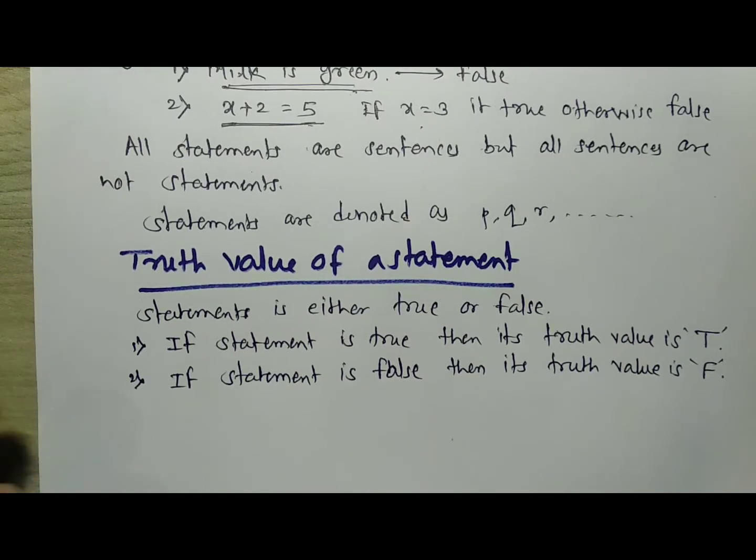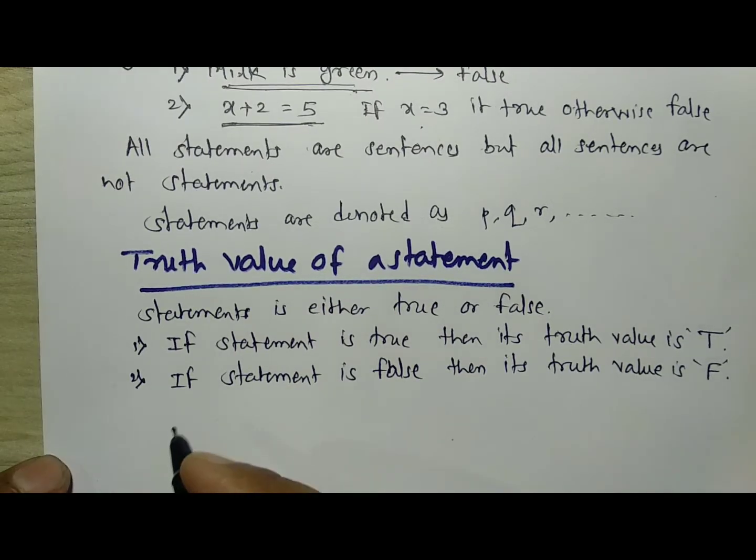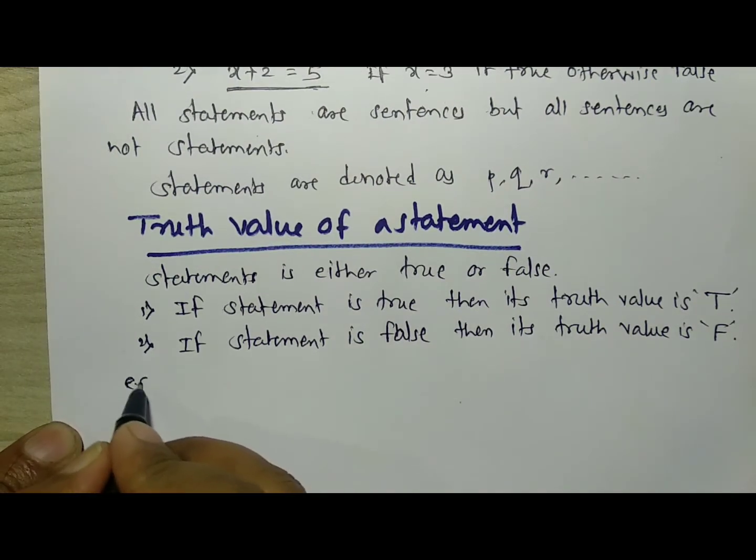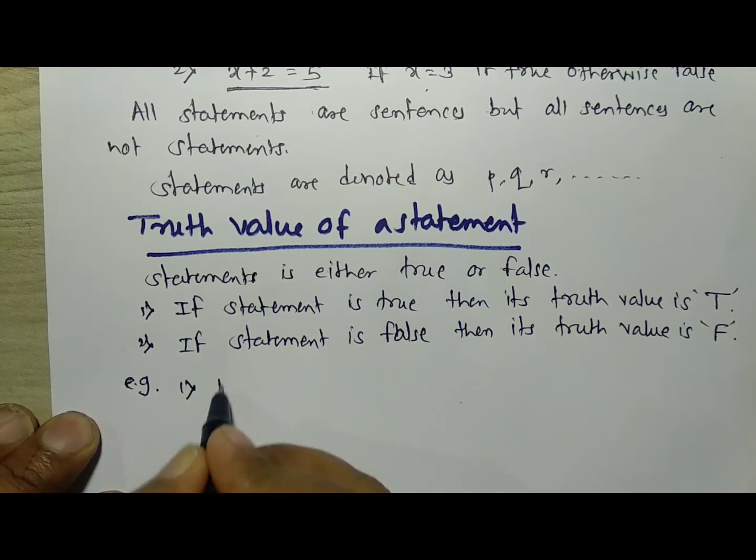If a statement becomes true, for example, the first example is "milk is green".